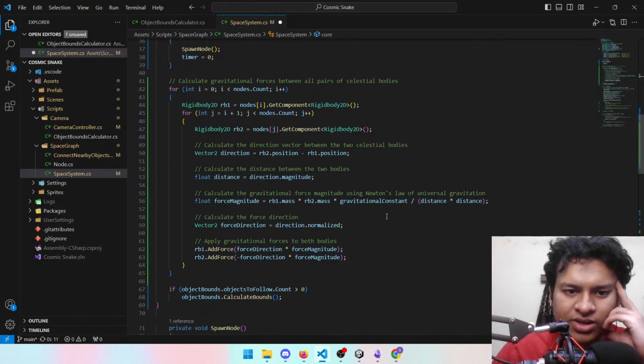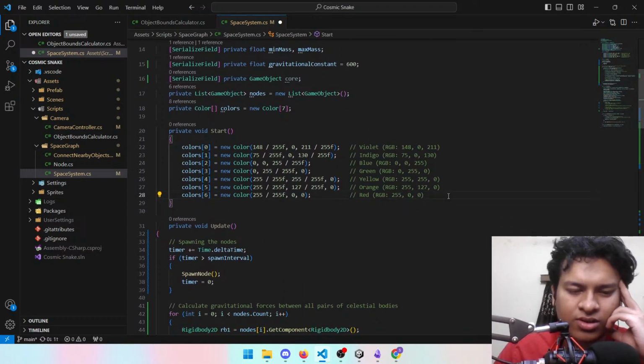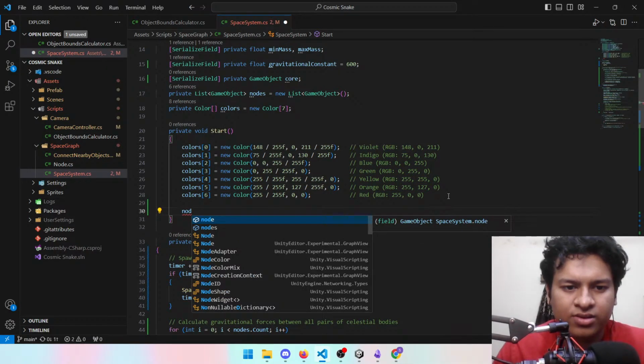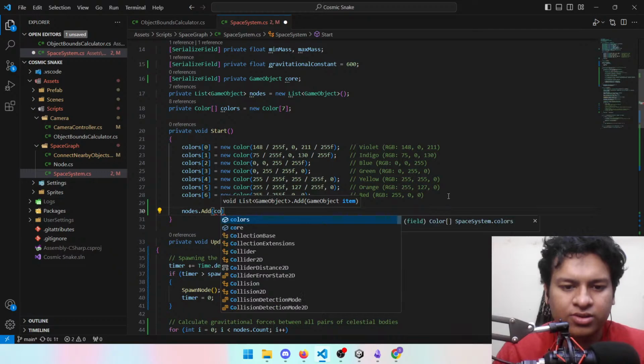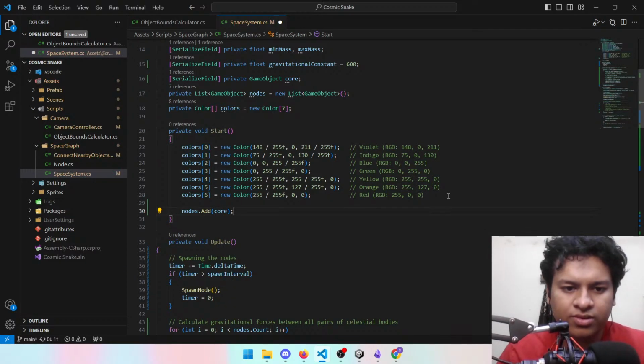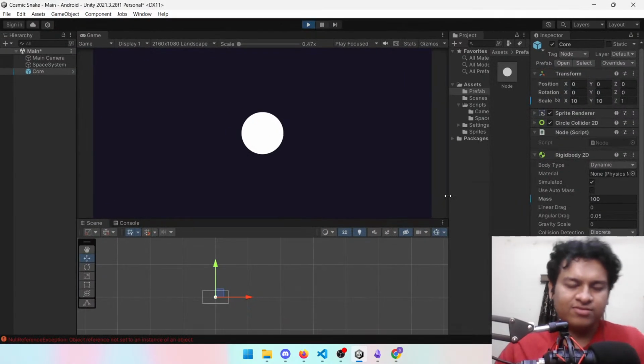Then in here we are running the thing. It should be added to the nodes. Okay, so we'll just do that. Nodes.Add 4. Hopefully that will work.